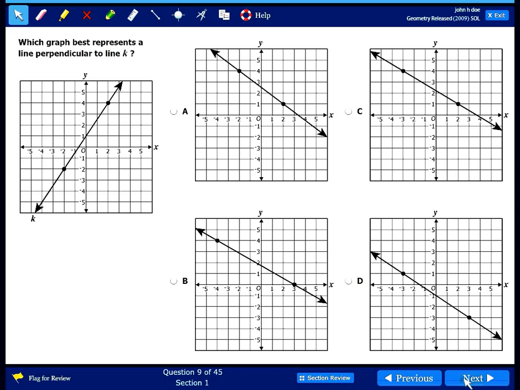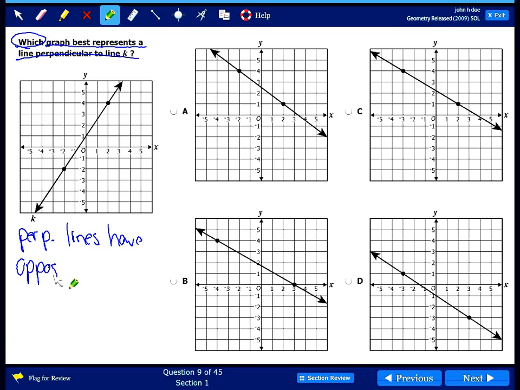So question 9 is asking us about which graph best represents a line perpendicular to line K. So remember, perpendicular lines have opposite reciprocals.